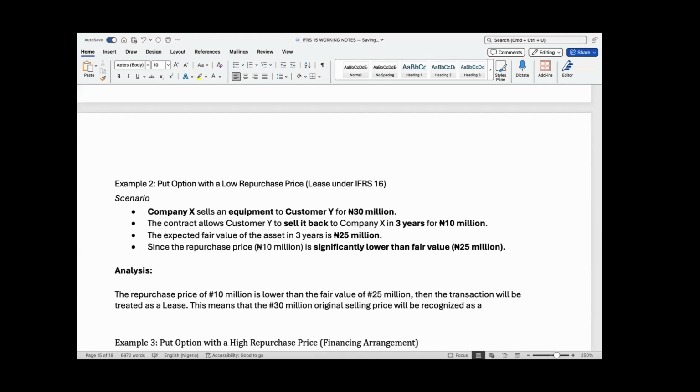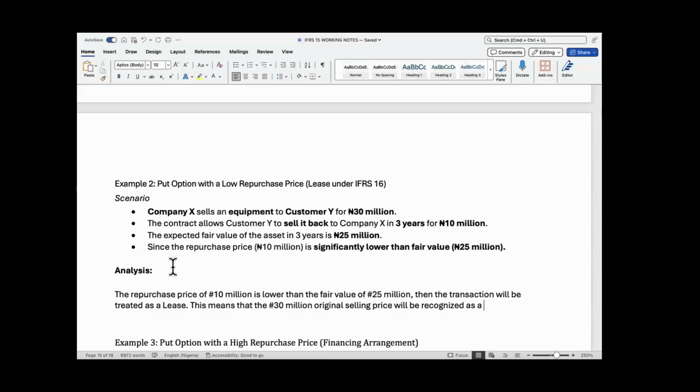Who can tell me? Since it's a lease, Emmanuel, how do you recognize the 30 million? In this case, the customer has no control of the asset, so there won't be recognition of revenue.